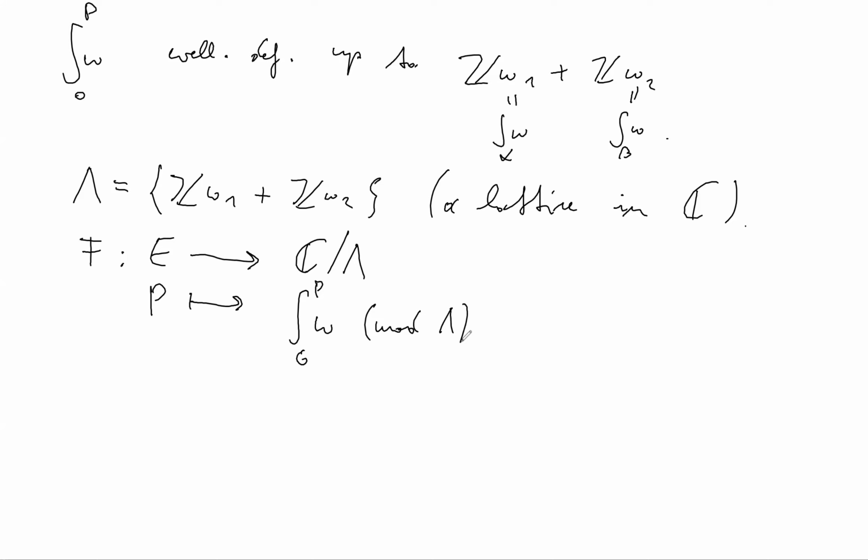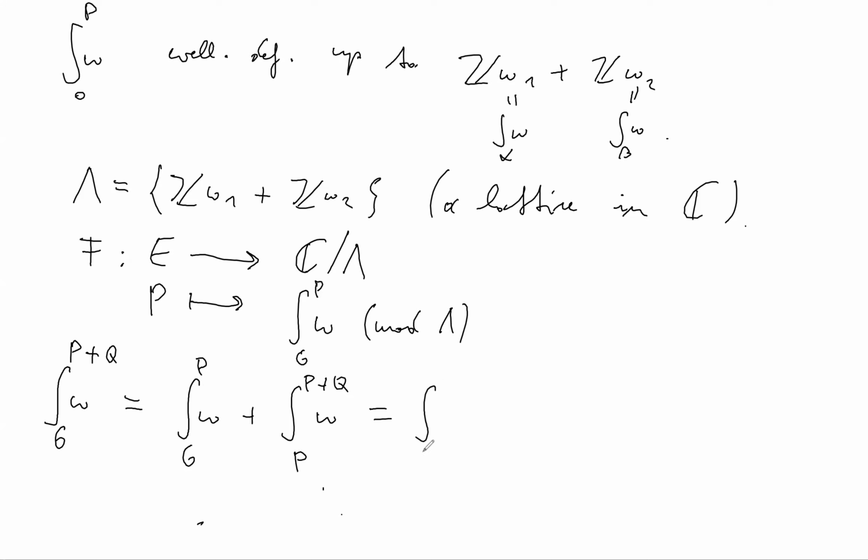And now there's something really fun that you can do. You can look at this integral from O to P plus Q of omega. We all know that we can split paths up, so we can integrate from O to P, and we can also integrate from P to P plus Q. Then we can modify our second integral a bit.